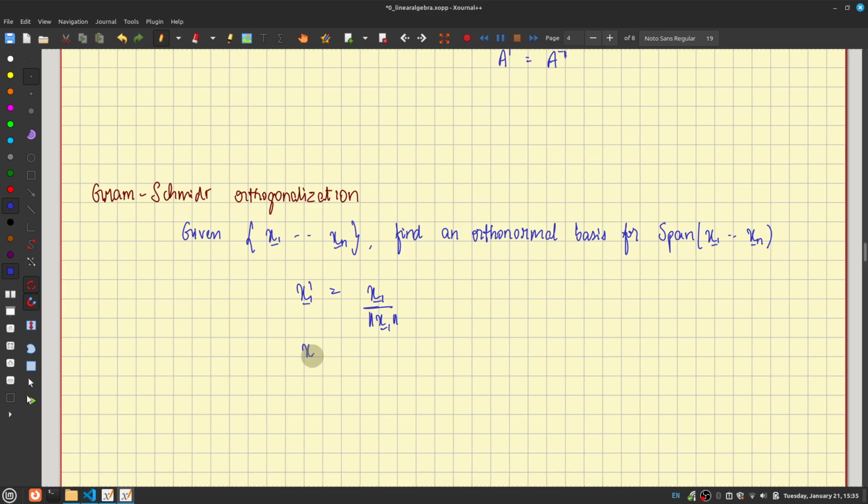And then you form, let me call this y1. So next I form x2, which is I take x2 and I subtract the component which is along y1. So the component along y1 would just be the inner product of x2 with y1, times y1.